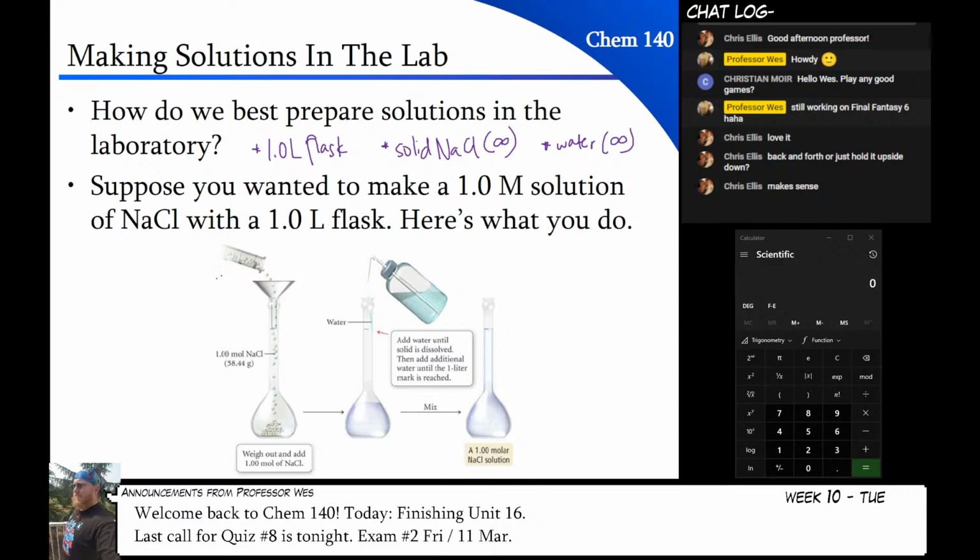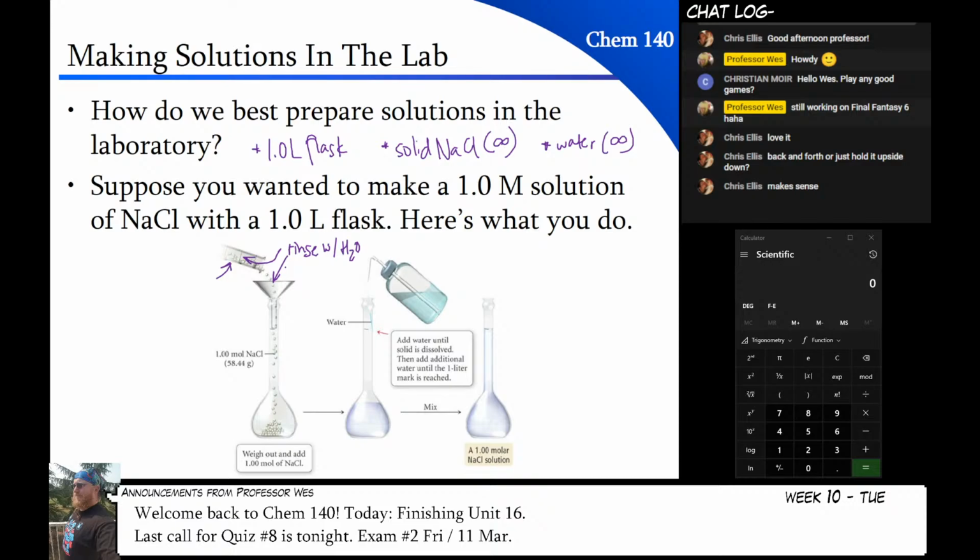So for example, right here you can see the salt. Some of the salt might get stuck to the sides of the container. So when you're adding water, the first thing that you want to do is rinse both the container it was in and the funnel with your water. That way you'll be almost certain that you get all of the salt in there.